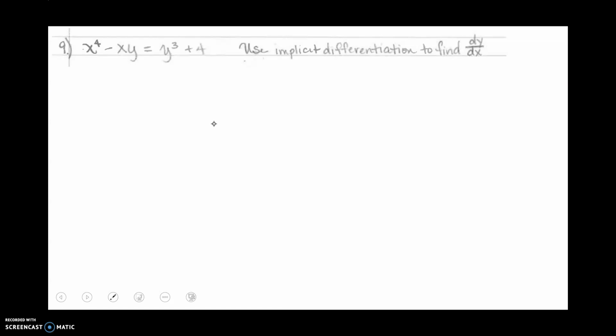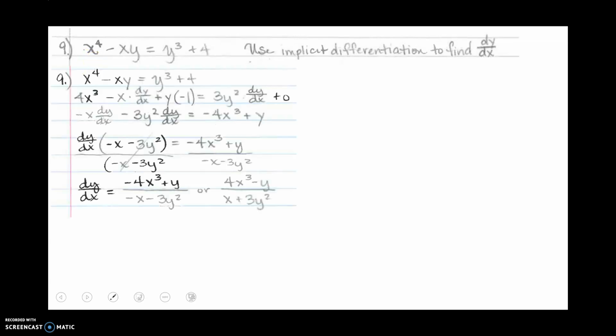Okay, then for number 9, we're going to find the derivative implicitly. So remember, when we do that, you take the derivative as normal, but anytime you take the derivative of y, then you have to leave a dy/dx in there. The derivative of x to the 4th is going to be 4x to the 3rd. This is a product, so I'm going to have to do first times derivative of second plus second times derivative of first.